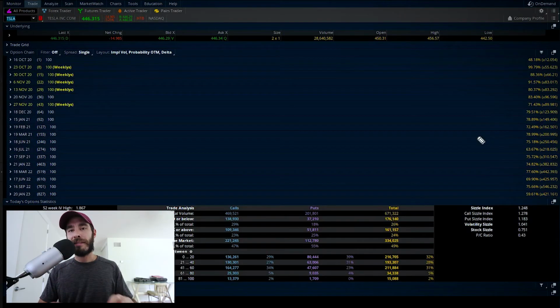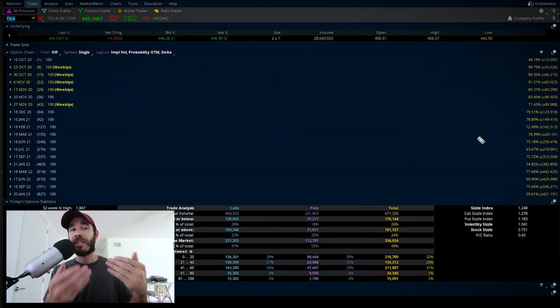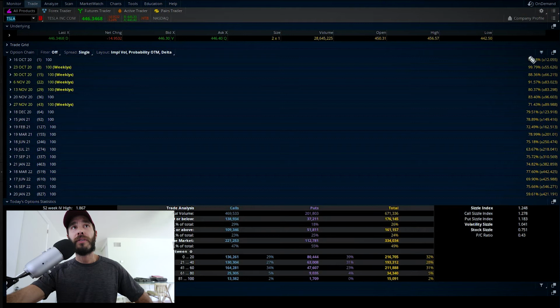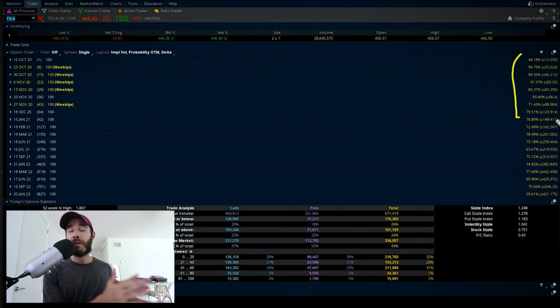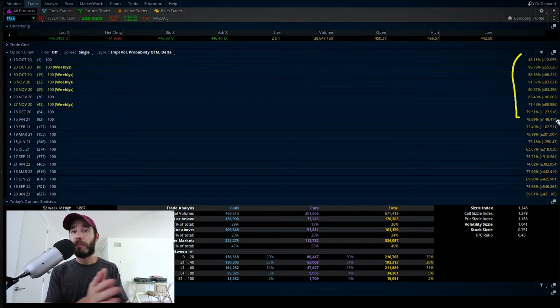A lot of things can happen. I could go extremely in depth into volatility, but I really want to just touch the surface and understand that volatility simply means how much an asset can swing in terms of price. And just looking at the implied volatility, we can get a quick read on is this stock more volatile than X stock, and you can compare the two.